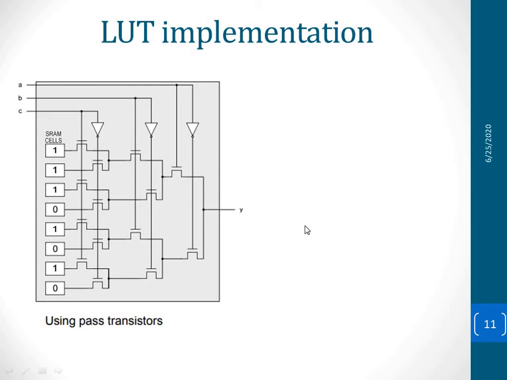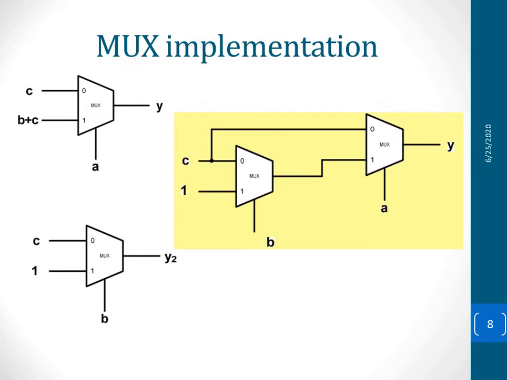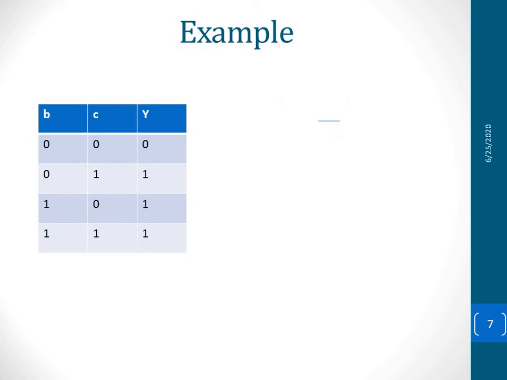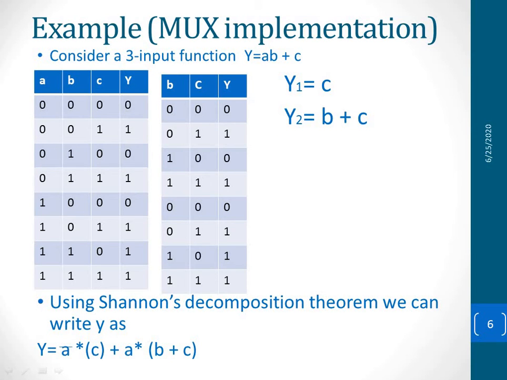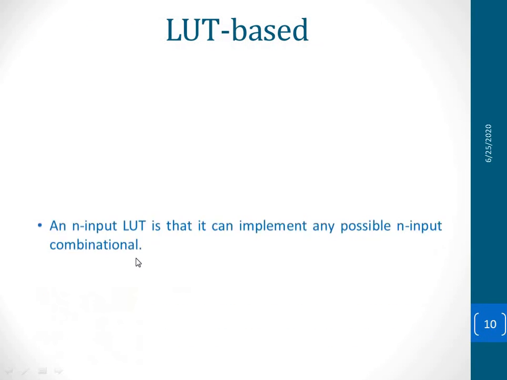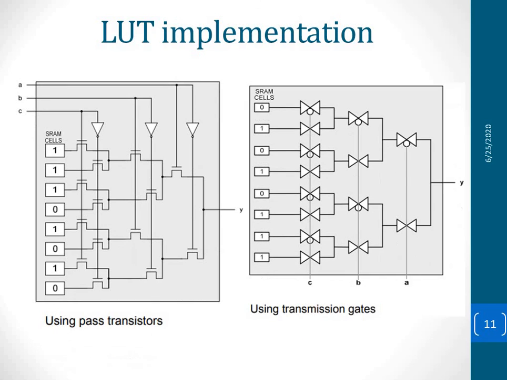If I take AB plus C, going back to the table, what is my Y? 0 1 0 1 0 1 1 1. You can see here 0 1 0 1 0 1 1 1. Getting? Similarly here 0 1 0 1 0 1 1 1. This is using transmission gates and this is using pass transistors.